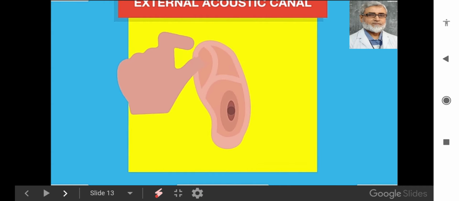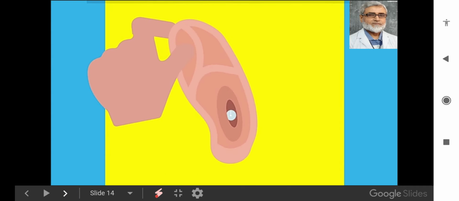Then the superior part of the external ear is pulled up, laterally and posteriorly, to get a clear view of your tympanic membrane.